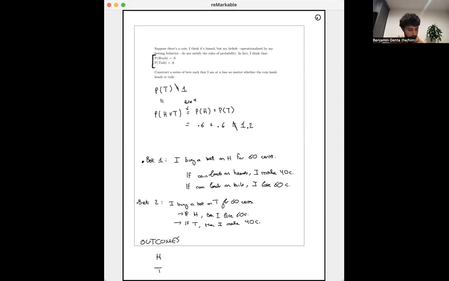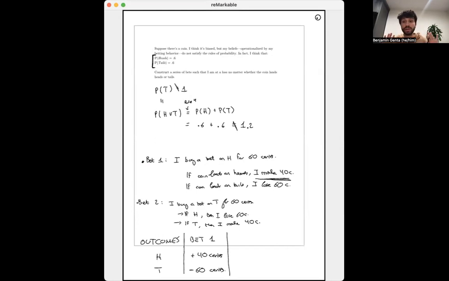Let's say we flip the coin. What are my profits on bet 1? Well, on bet 1, if the coin lands heads, I make 40 cents. I'm buying the bet for 40 cents, so I'm at plus 40 cents. And if it lands on tails, then I'm at minus 60 cents.